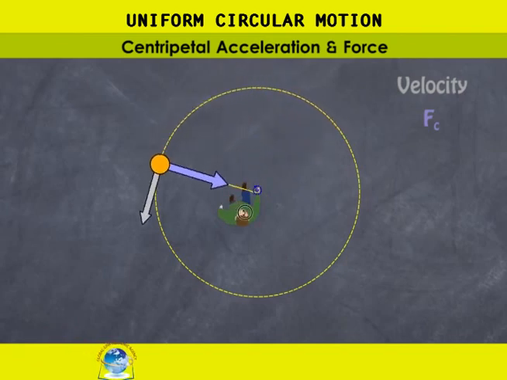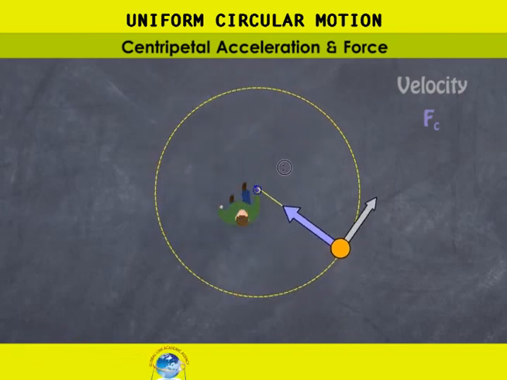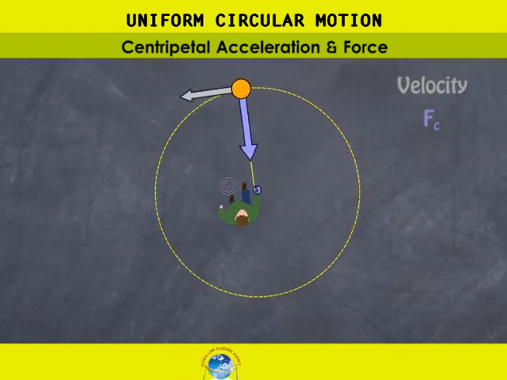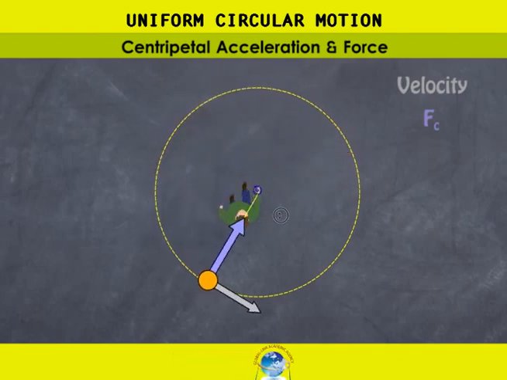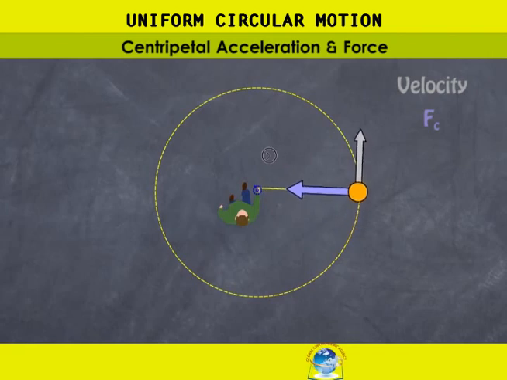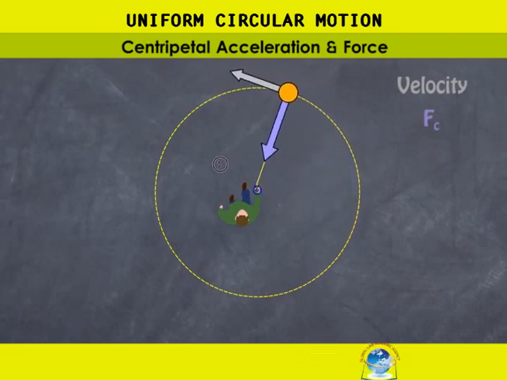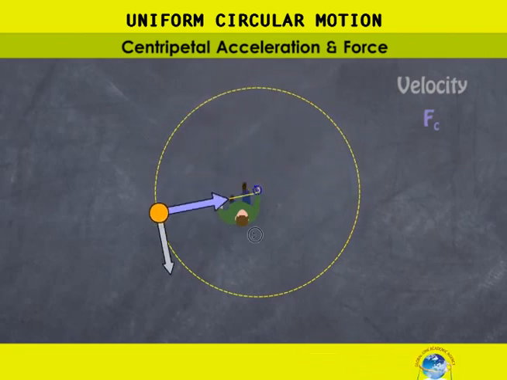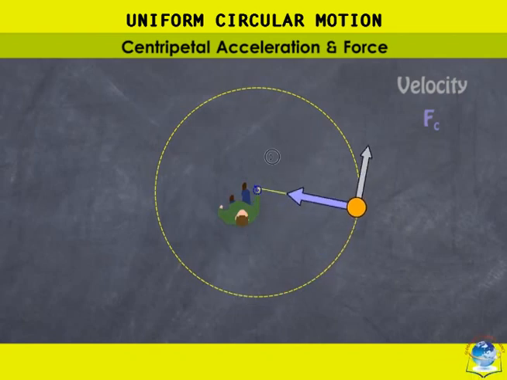The acceleration due to centripetal force is called centripetal acceleration. This acceleration is directed towards the center as well. Centripetal acceleration is given by v squared over r. Its units are meters per second squared.